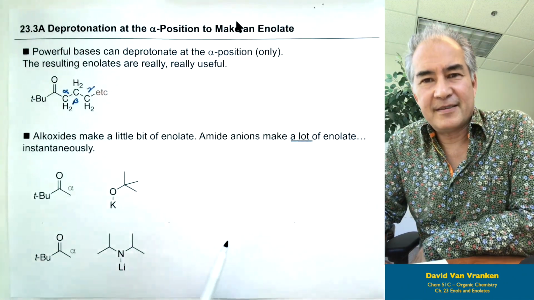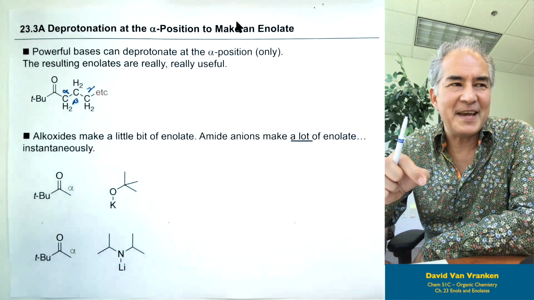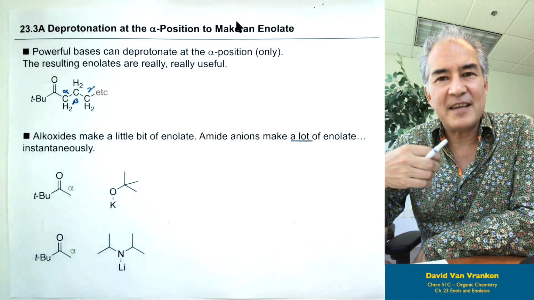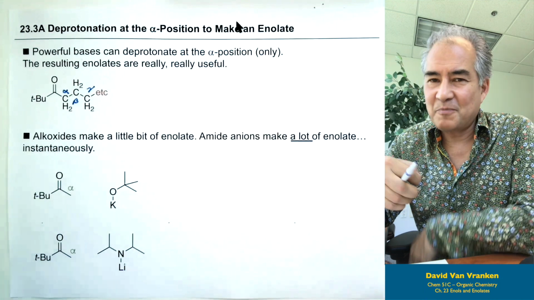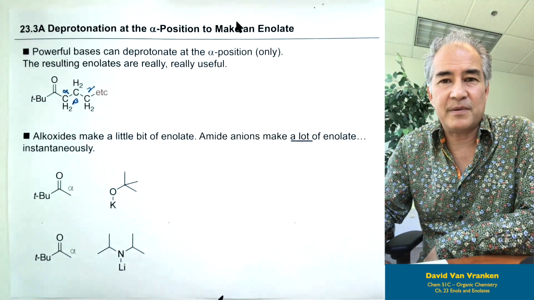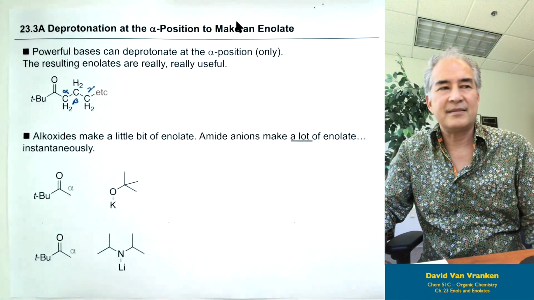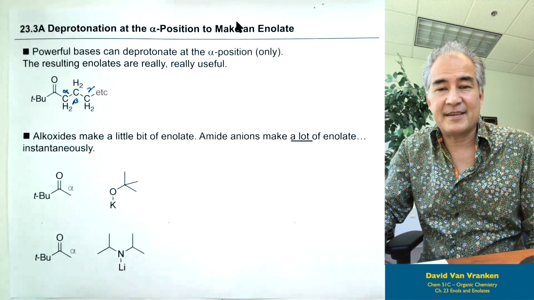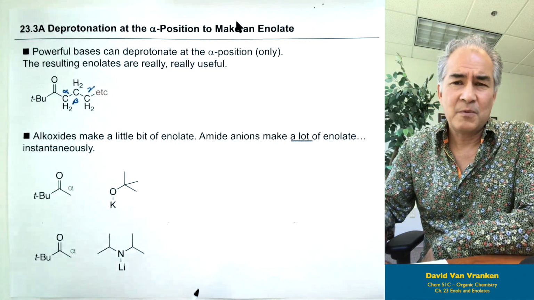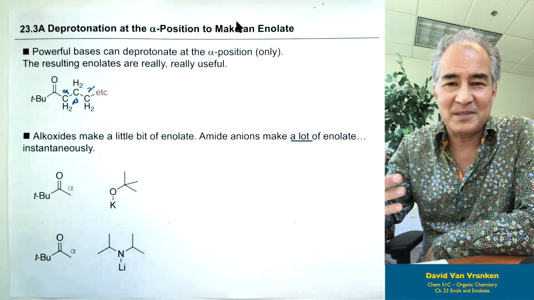The problem is that so far you've been exposed to a very limited selection of bases, and probably when I say the word strong base, what would probably spring to your mind, unfortunately, is potassium t-butoxide. That's probably the strongest base that you've been exposed to when we use the word base. It's not as basic as an alkyllithium or a Grignard reagent, but when we use an alkyllithium or a Grignard reagent, we're not generally trying to use it as a base.